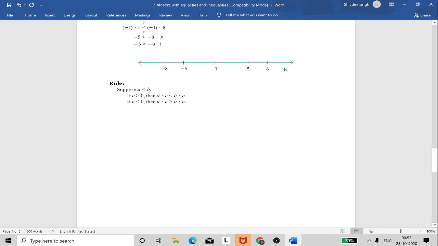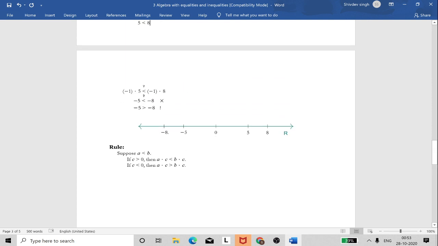If we multiply both sides by minus 1, what will we get? Minus 5 is less than minus 8. Is it true? No. Minus 8 is less than minus 5 because minus 8 is on the left side of minus 5.